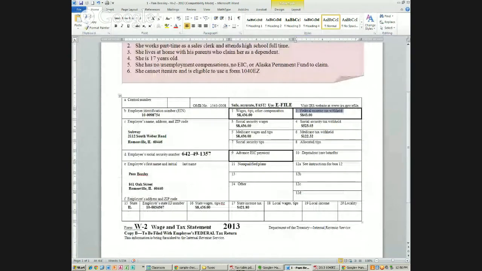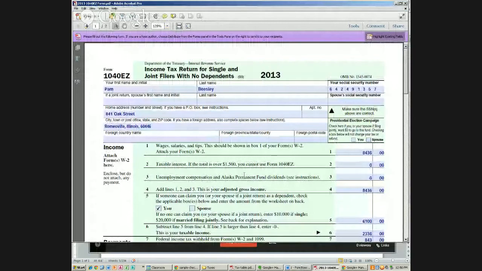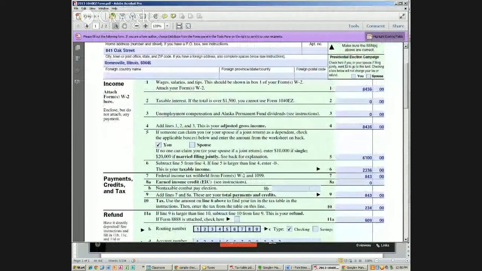Alright, so I got one other question before I end this Google Hangout. Raise your hand, please, and answer this one. If the W-2 said $5,800, what would be her taxable income? If line 1 would have said $5,800, what would line 10 look like?